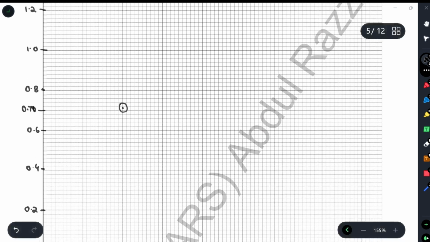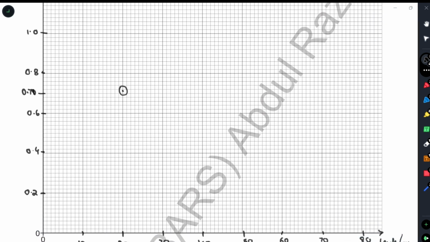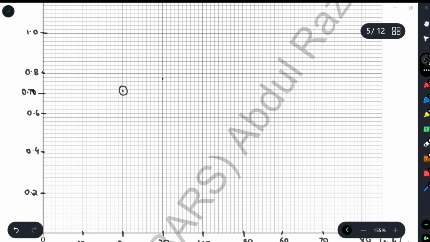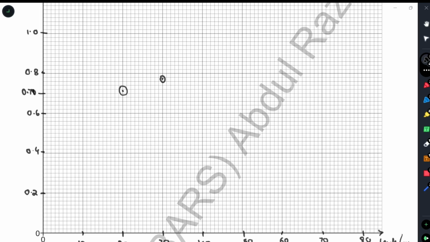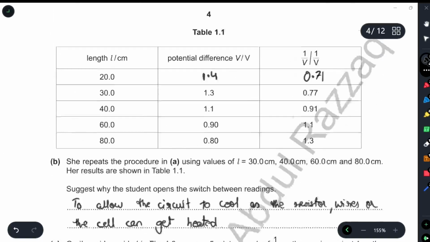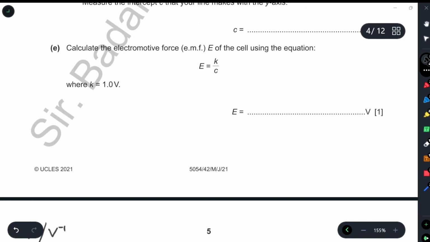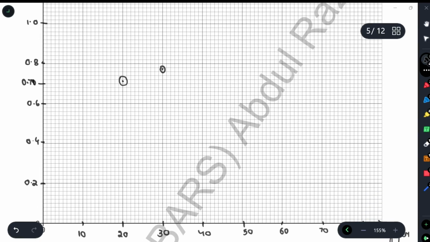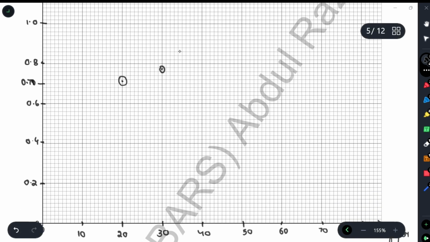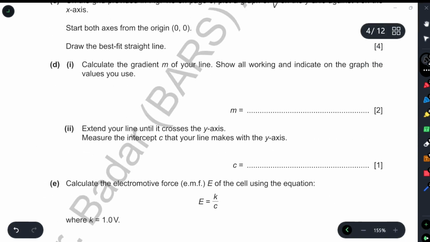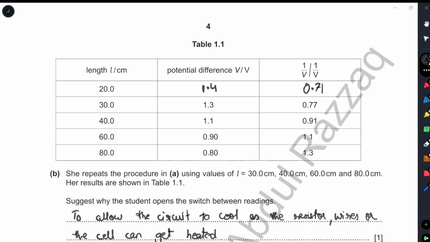At 30 it was 0.77, so 0.77 should be over here. Okay, at 30 the 0.77 is done. At 40, if I'm not wrong, it was 0.91. So 0.9 would be somewhere over here, and 0.91 is done. Then you've got 60.